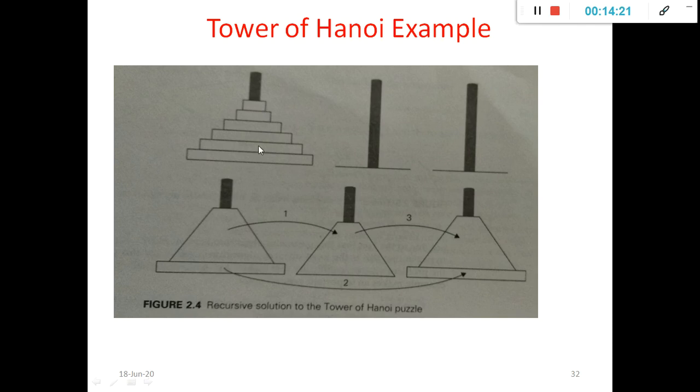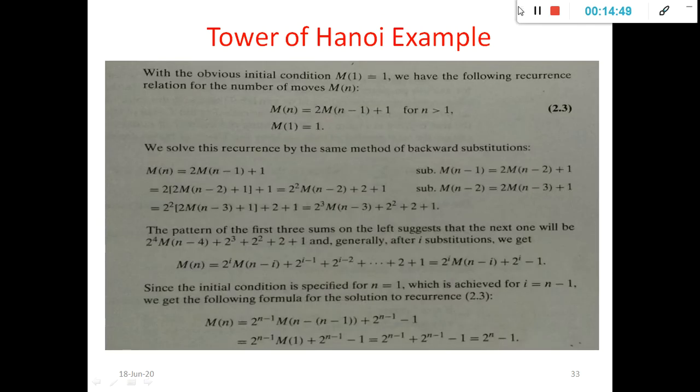To perform this we use one more intermediate tower, as shown in this diagram, and every time you move one disk at a time. This is the problem statement, and it is widely used for explaining the concept of recursive algorithms. Then the recursive solution to this Tower of Hanoi puzzle is explained in this diagram.